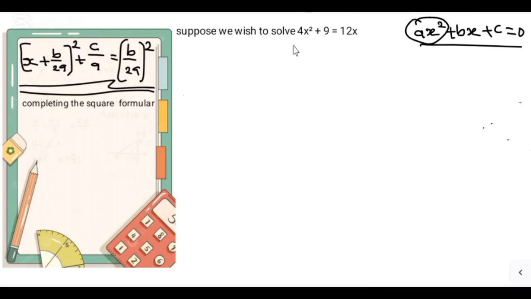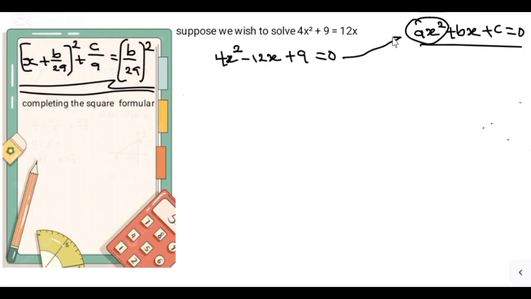Now this is a quadratic equation given. Suppose we wish to solve this. What are we going to do? First of all, we want to turn this to look like this, because this is the original form. In doing so, we are going to have 4x squared, minus 12x, plus 9 equals 0.